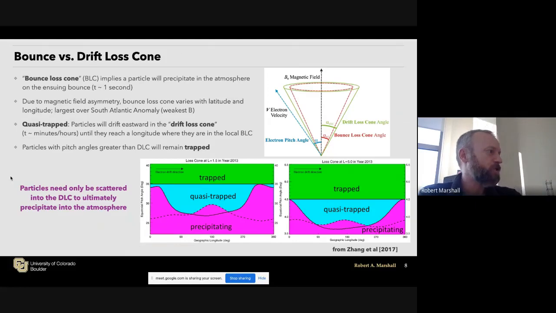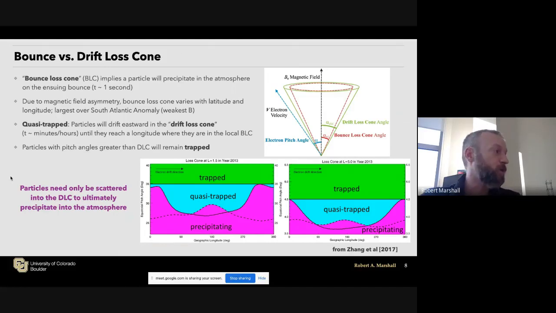One other quick side concept that I have to introduce for the students is the concept of the bounce versus the drift loss cone. The Earth's magnetic field is not symmetric in longitude. And what that means is the loss cone, the range of angles that will precipitate, is different at different longitudes. The extreme case is at the South Atlantic anomaly, which is just over the South Atlantic Ocean.